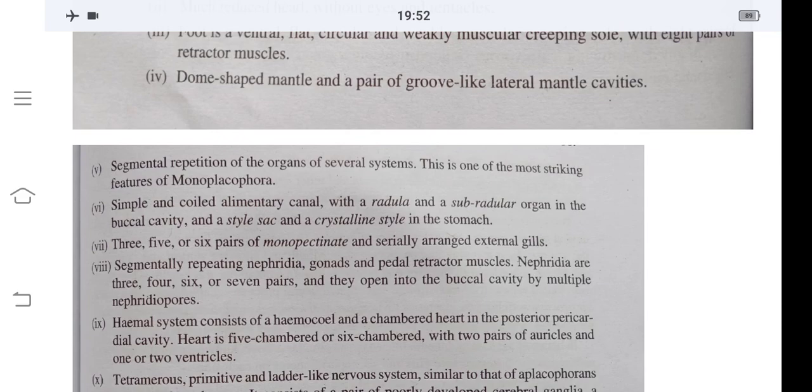Segmentally repeating nephridia, gonads and pedal retractor muscles. Nephridia are 3, 4, 6 or 7 pairs and they open by multiple nephridiopores.